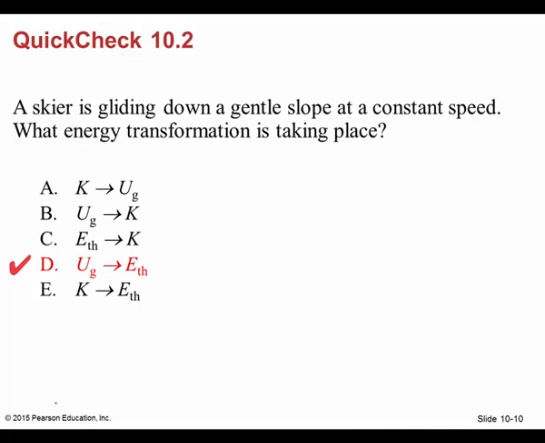So if it's at a constant speed, then the kinetic energy stays the same, and potential energy is doing what? Being converted into thermal energy because of the friction between the skis and the snow.